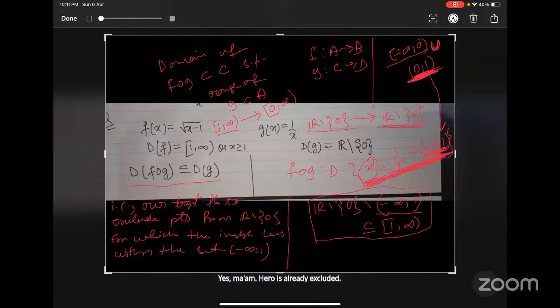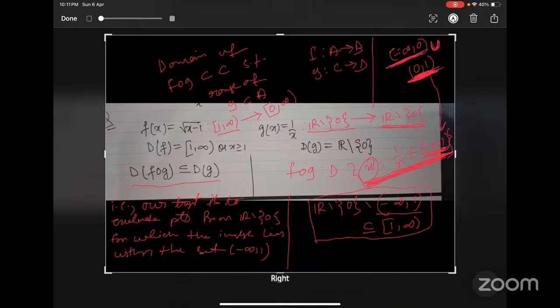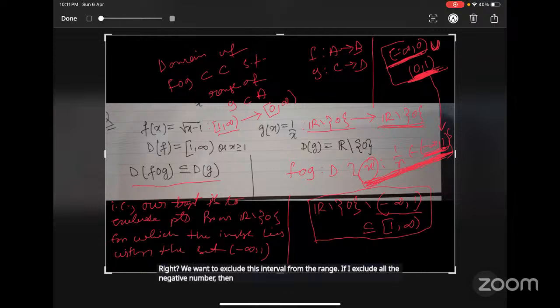Basically, if I check the interval minus infinity to 0, if I exclude all the negative numbers from the domain of g, that means we are done with that interval, right? We want to exclude this interval from the range. If I exclude all the negative numbers, then 1 by x will not be negative, right?